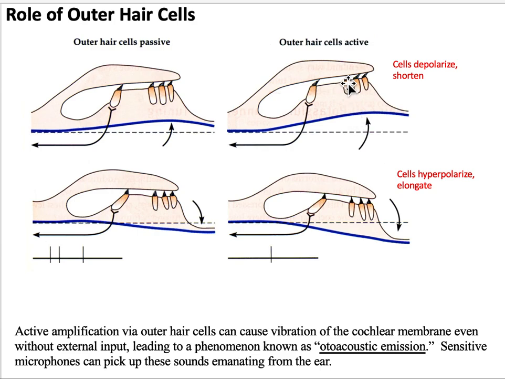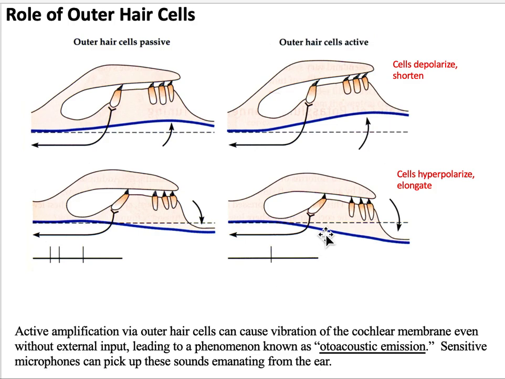It actually pulls the basilar membrane up because we've shrunken the length of these outer hair cells. When we have the deflection downwards, the cells hyperpolarize. And again, this is a descending command. The command comes down to hyperpolarize the cells, that elongates them, and that pushes the basilar membrane away from the tectorial membrane. So if you look at the blue line, with the outer hair cells, we get an increase in the deflection up and down.